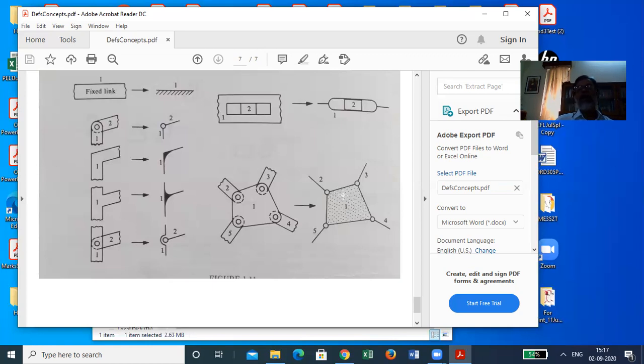But with a quaternary link, it would make a lot of difference. If you don't give this shading, that would mean that these are four links and not a single link, and that would make a lot of kinematic difference. Because without changing the lengths of the four sides of a quadrilateral, you can happily change the shape of the quadrilateral.